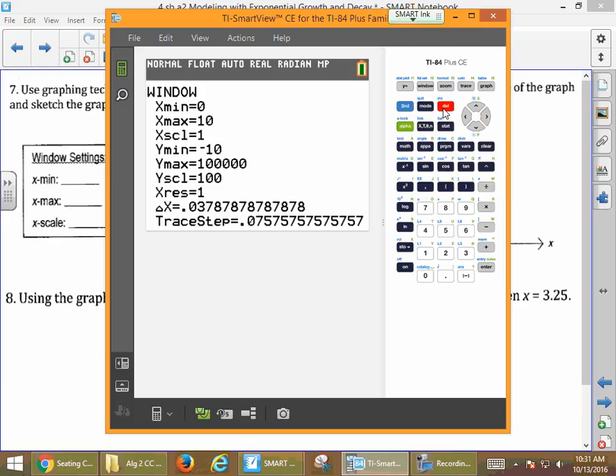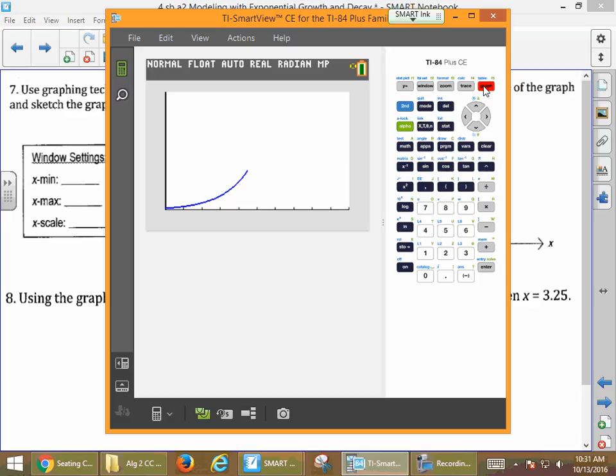And I'm going to leave my scale in terms of 100, and see if I have a little bit better picture. So when we draw the graph, maybe a little bit better.